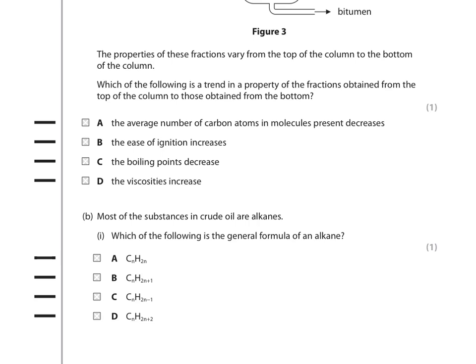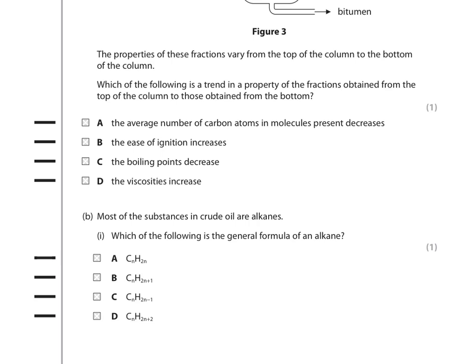Now, things that come off at the top are small molecules, which are good fuels, and so they contain a small number of carbon atoms. So the average number of carbon atoms in the molecule present decreases while it doesn't. It increases as you go down. The ease of ignition increases while it doesn't. It decreases as you go down.